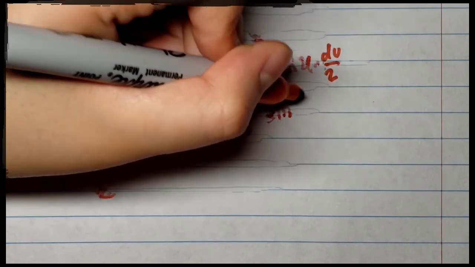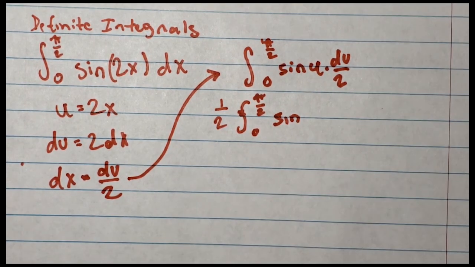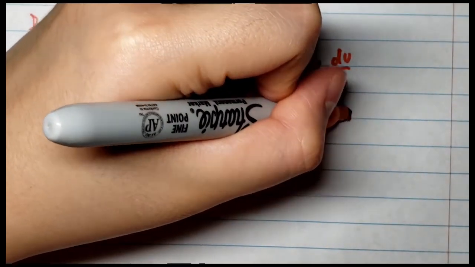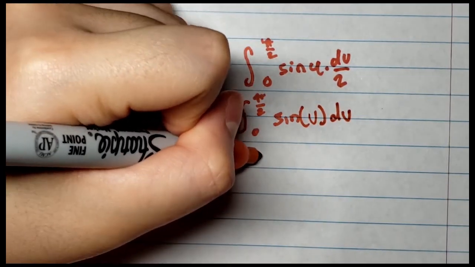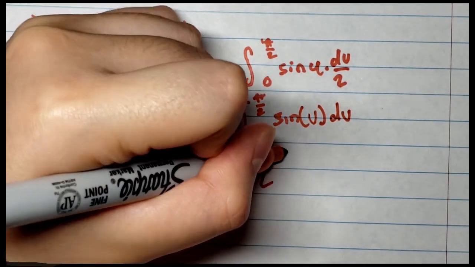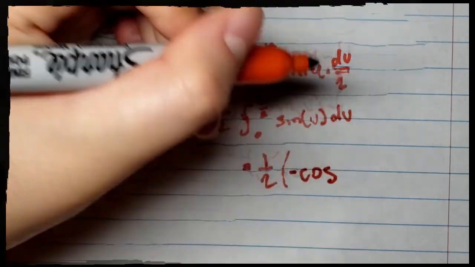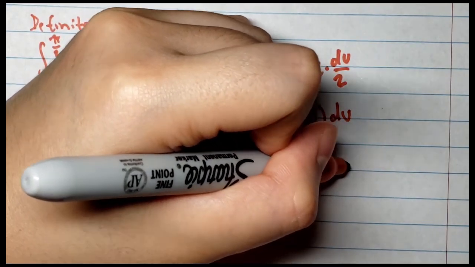Since du is over 2, 1/2 is the constant and it can be factored out. And the antiderivative of sine is negative cosine.